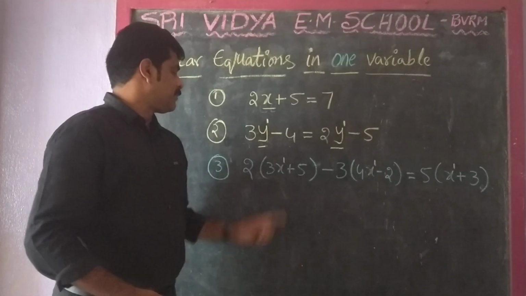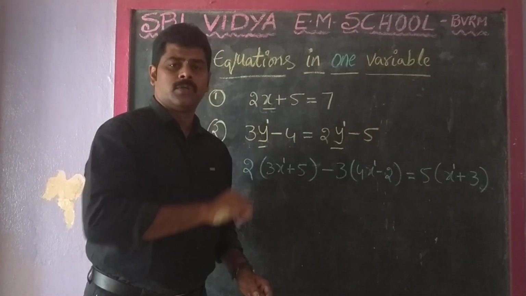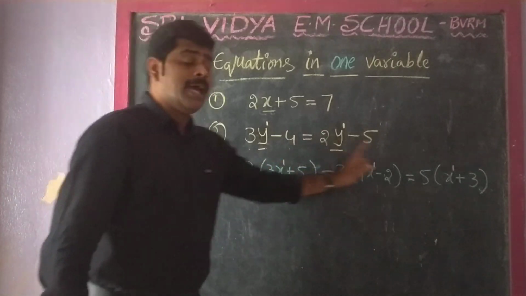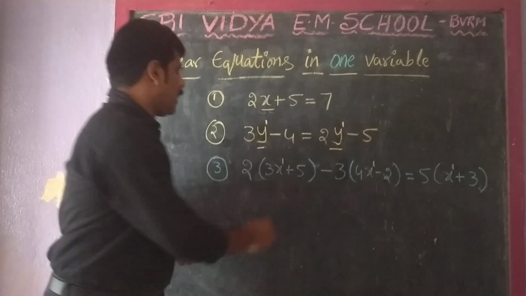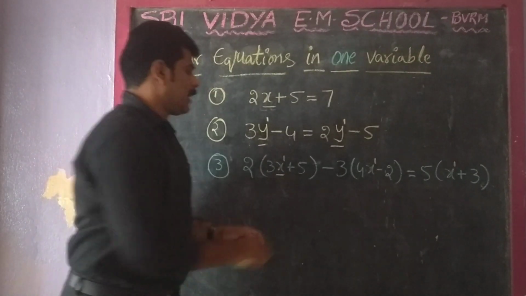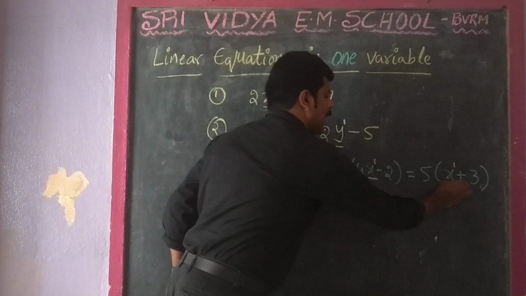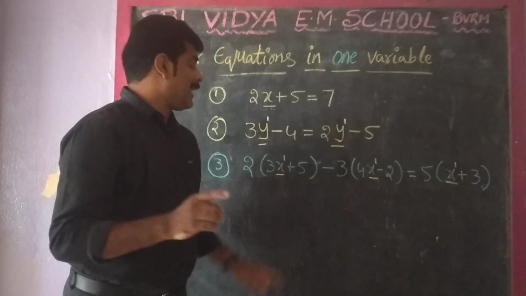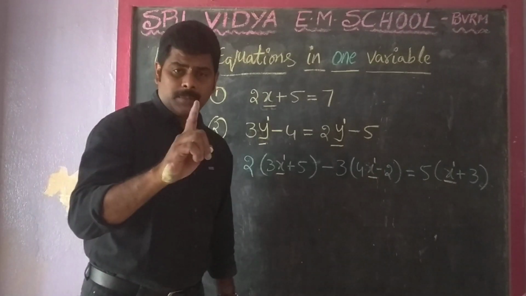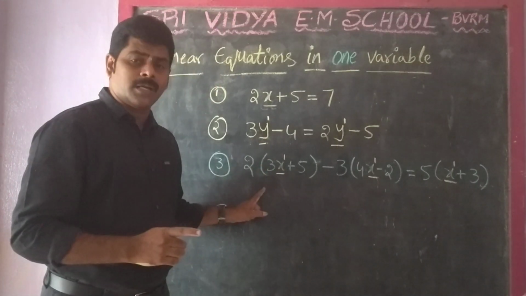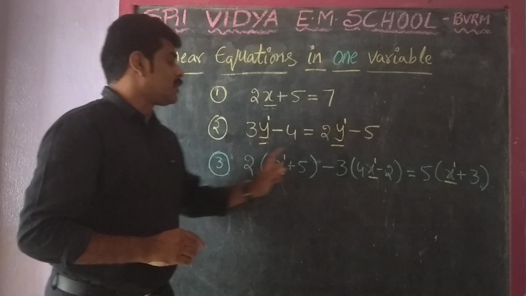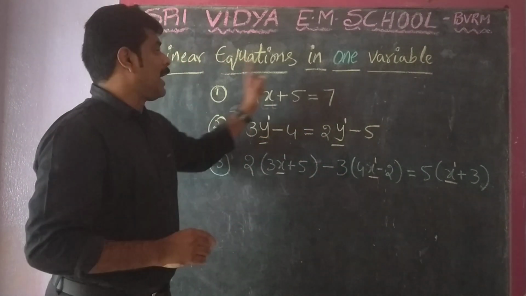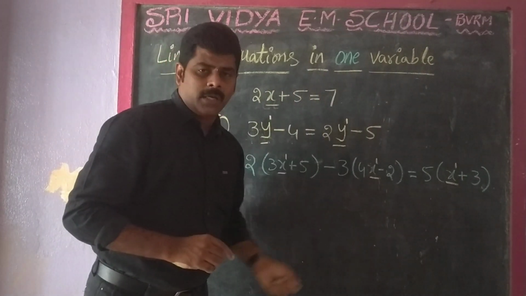Absolutely right, its degree is 1. So it is a linear equation. Then what is the variable? Here x, here also x, here also x. So the variable is x, only one variable. It is a linear equation and it contains only one variable. So it is known as a linear equation in one variable.